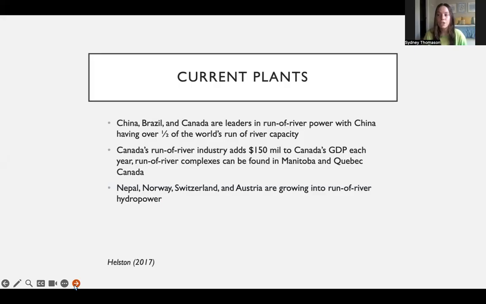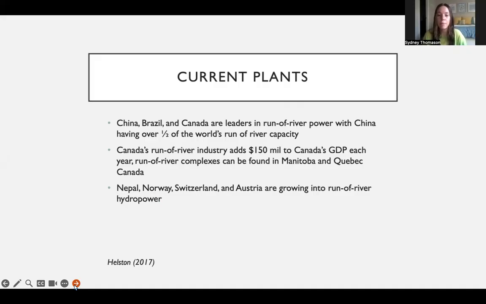Canada's run-of-river industry contributes about $150 million to their GDP each year, mainly in their production components that come from run-of-river plants, like turbines, generators, things of that nature, which are then exported, contribute to a lot of their GDP.